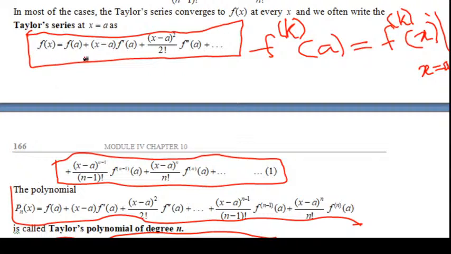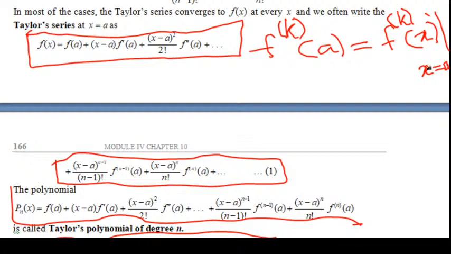F of x is equal to f of a plus x minus a times f prime of a plus x minus a whole square by 2 factorial times f double prime of a plus etc. plus x minus a to the power n minus 1 by n minus 1 factorial times f of n minus 1 of a, means it is the value of the function f of n minus 1 of x evaluated at x is equal to a, plus x minus a to the power n by n factorial times f of n of a plus etc.